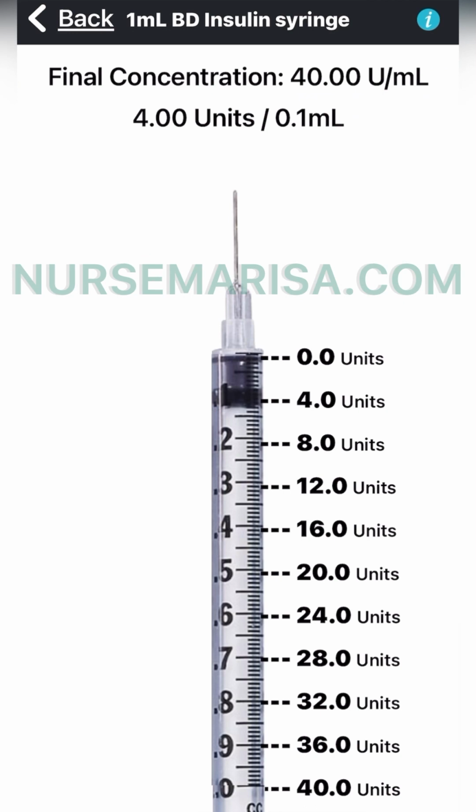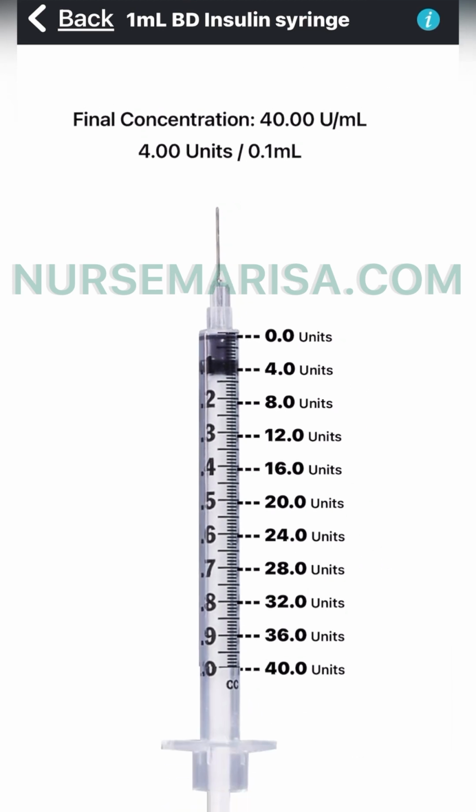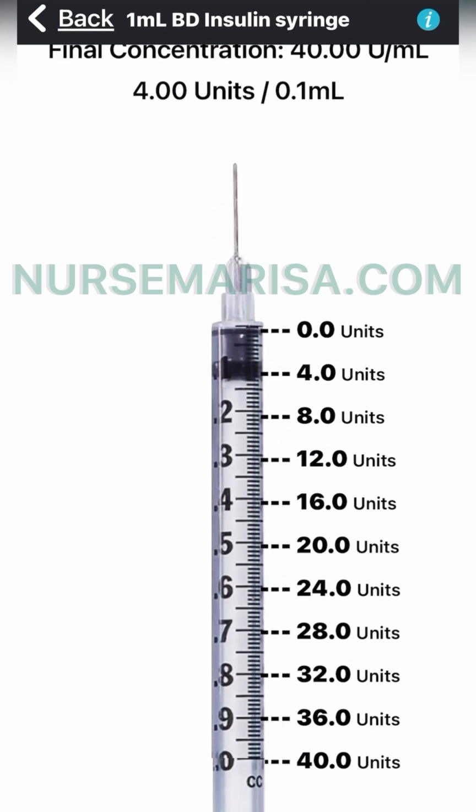So what do we have here? This is showing a 100 unit vial of Botox at a 2.5 cc dilution, a 1 cc BD or 1 ml BD syringe is holding 40 units of Botox. So each 0.1 on the syringe is holding 4 units.